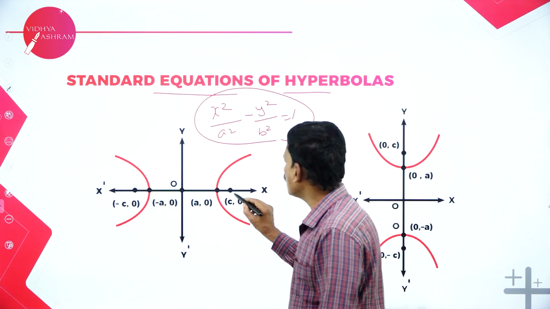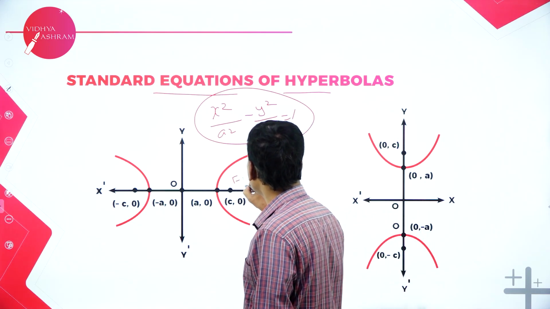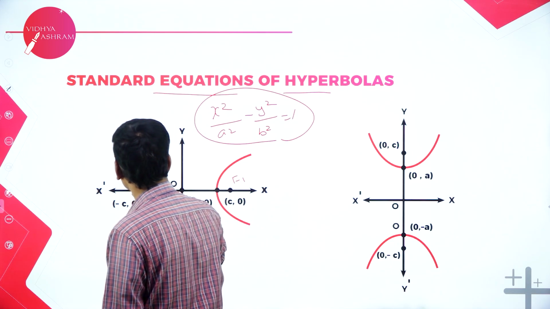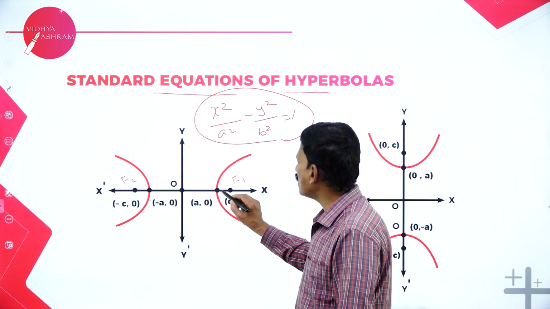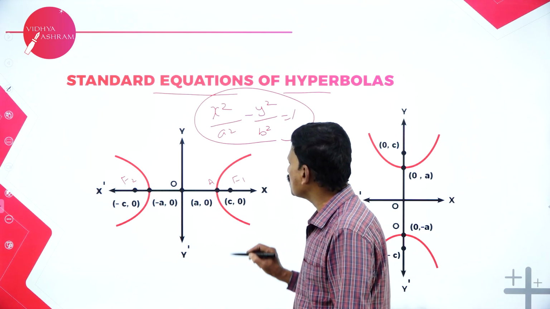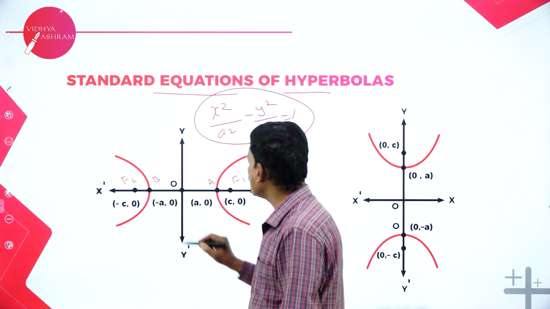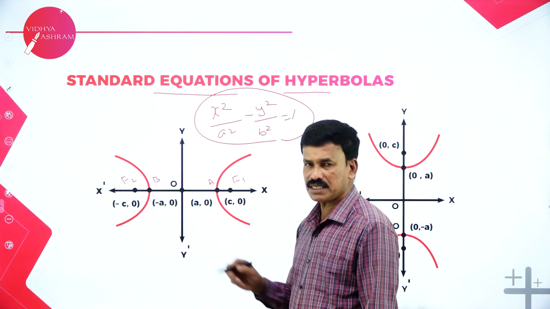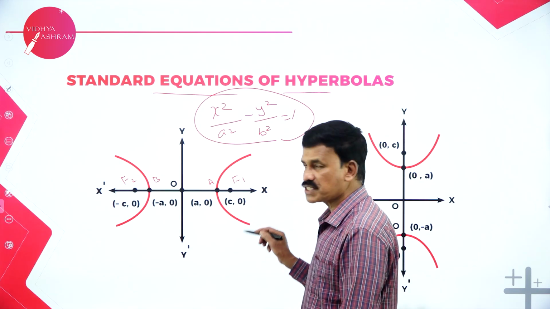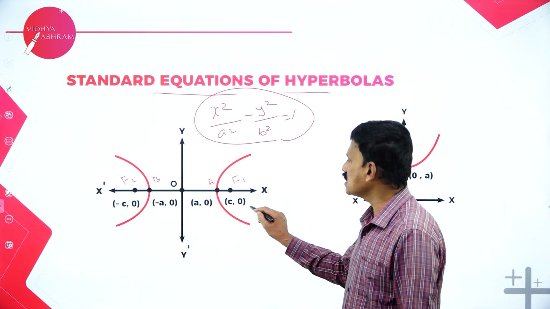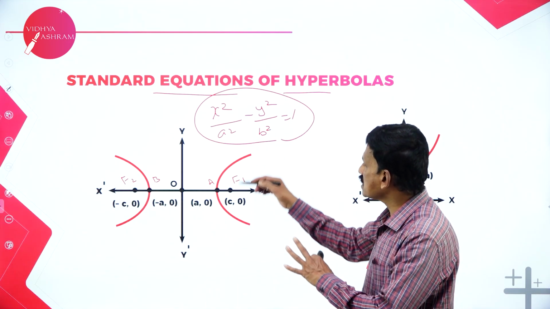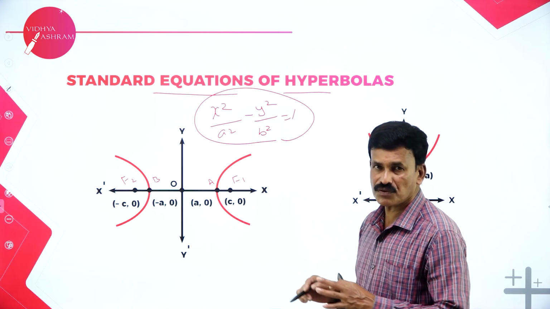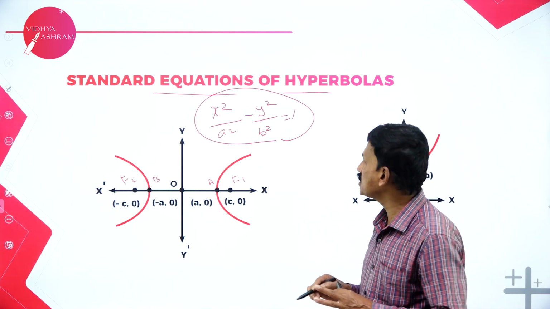Here f1 and f2 are the foci and O is the origin. Suppose these are the vertices A and B, then the vertices are a comma 0 and minus a comma 0, whereas the foci are c comma 0 and minus c comma 0, right? So this is the standard equation of the hyperbola in the form x square by a square minus y square by b square is equal to 1.